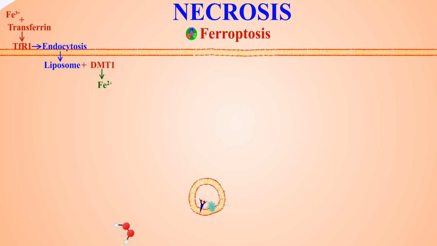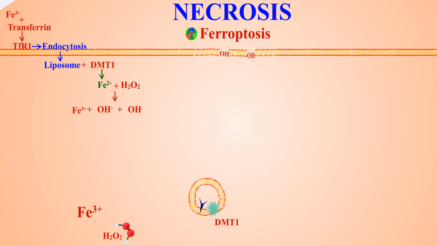The divalent metal transporter 1, or DMT1, transports ferrous iron from the endosome into the labile iron pool, or LIP, in the cytosol. Excess ferrous iron reacts with hydrogen peroxide via the Fenton reaction, generating reactive oxygen species.